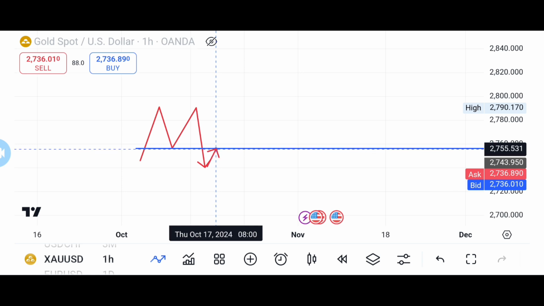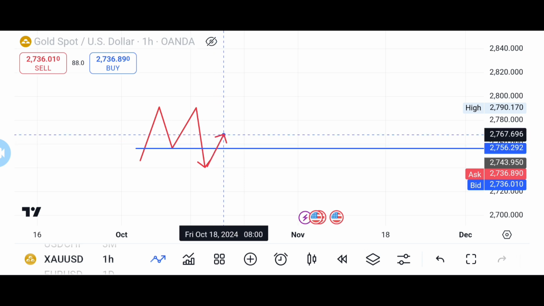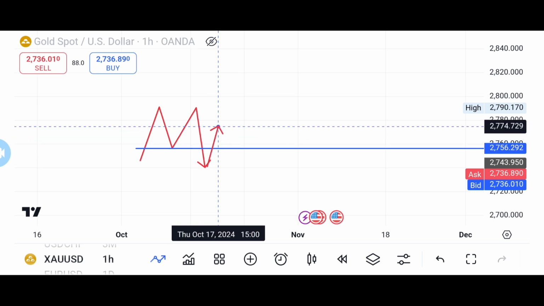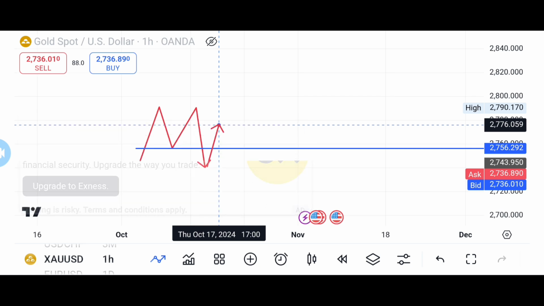This price action must not break this neckline upward, because if it breaks the neckline upward, we might be forming an inverse head and shoulder.